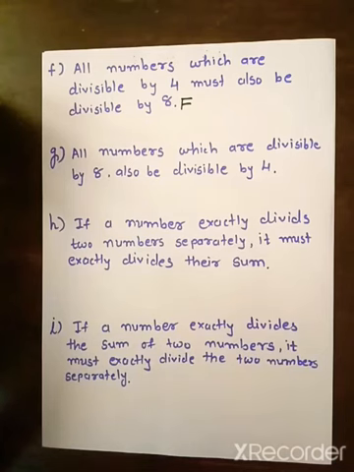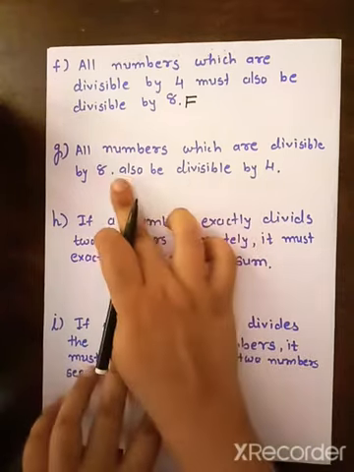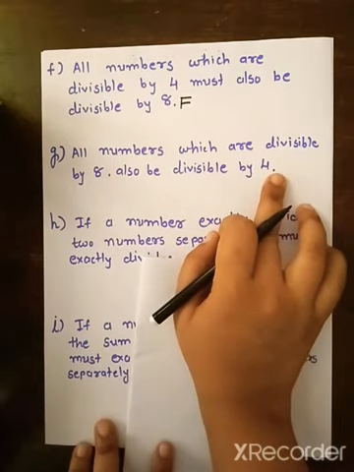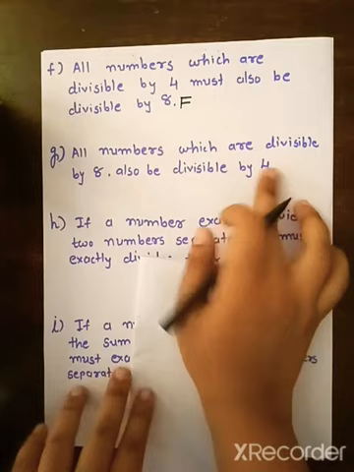Now the next statement is all numbers which are divisible by 8 must also be divisible by 4. This statement is true by the divisibility rules, because we just learned that if a number is divisible by a particular number, it is also divisible by its factors. Here we have the number 8 and we know that one of the factors of 8 is 4, right? Let's also solve this statement by taking an example.